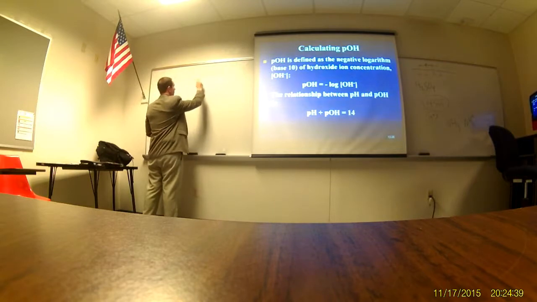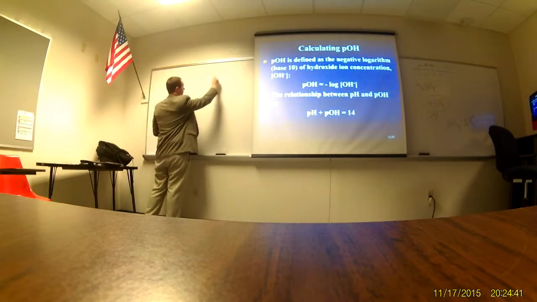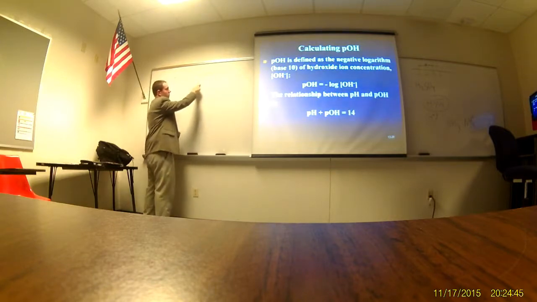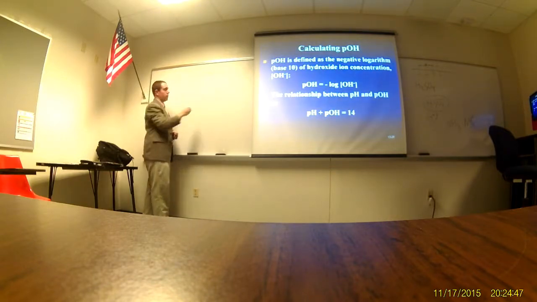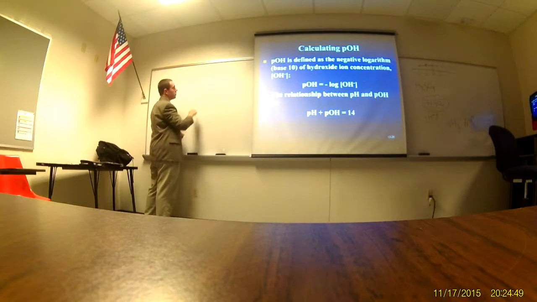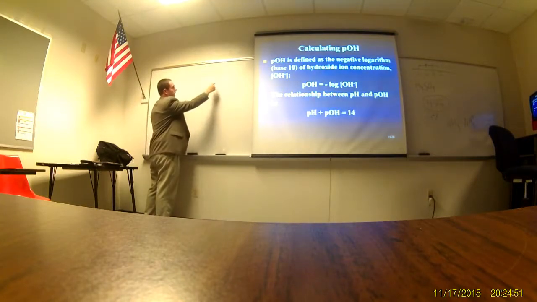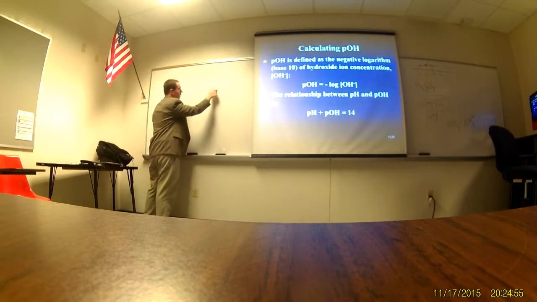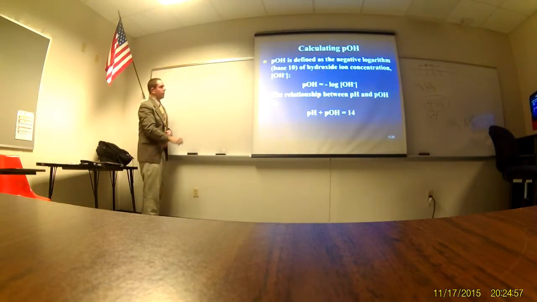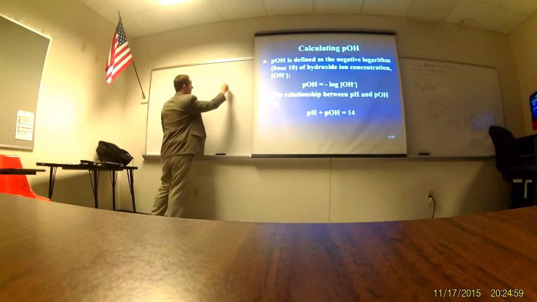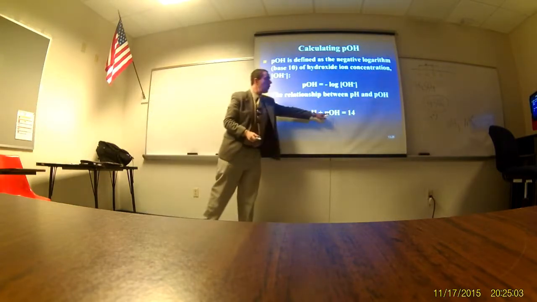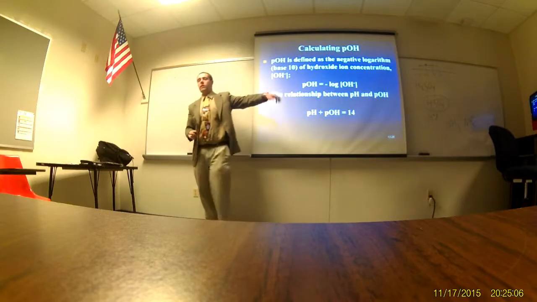This is 10 to the negative 7, and that's 10 to the negative 7. What's the negative log of 10 to the negative 7? 7. So pH is 7, pOH is 7. These two added together equal 14. So the pH plus the pOH is always 14.